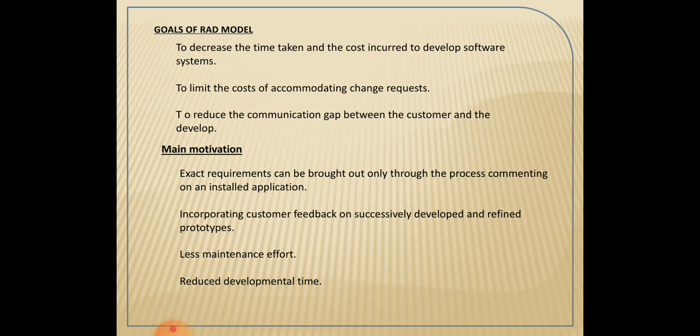So there is a chance for the customer to know what he may expect from the actual software. So this reduces the communication gap between the customer and the developers. So the main motivation of the rapid application development model is that exact requirements can be brought out only through the process of commenting on an installed application.